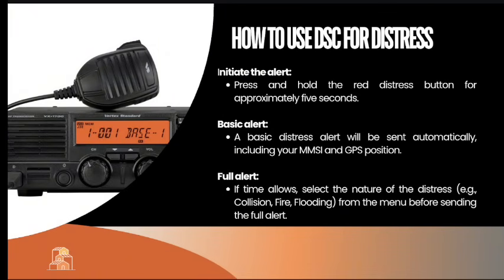For the full alert, if time allows after you press the distress button, you can select the nature of the distress. It can be collision, fire, or flooding, depending on the situation. You can see these in the menu bar before sending the full alert.